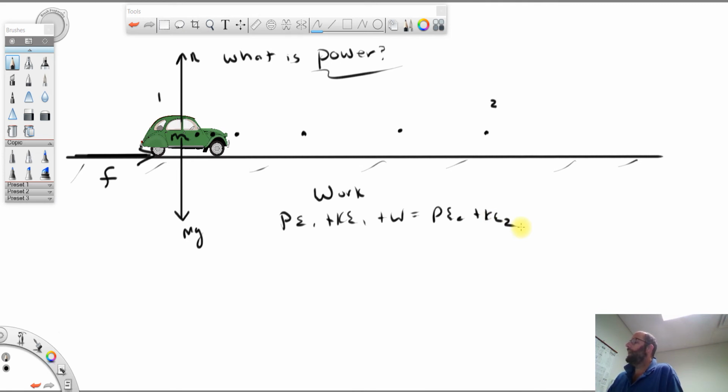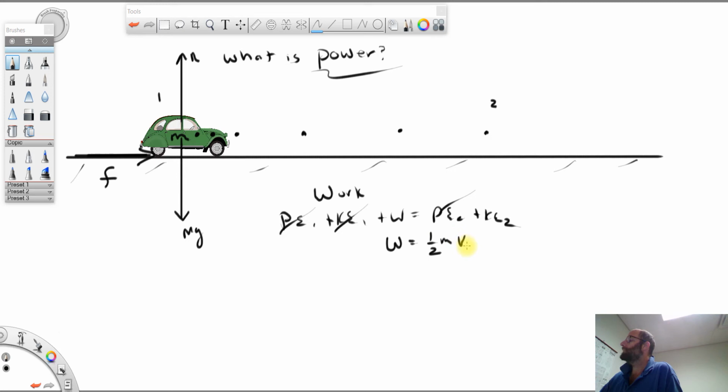In this particular problem, we can throw out the potential energies because they're the same. And let's just assume that the car starts from rest, like a lot of examples here, so we'll toss this one too. The work done on the system is then equal to the final kinetic energy.